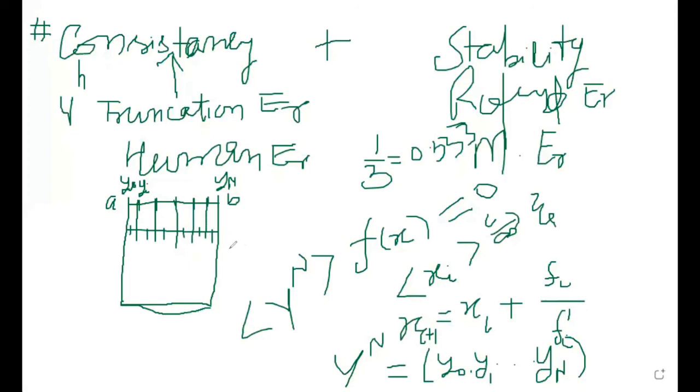This will converge as we increase n. The discrete domain will converge to the continuous one. As n tends to infinity, this discrete domain converges to, or covers, the exact continuous domain AB.